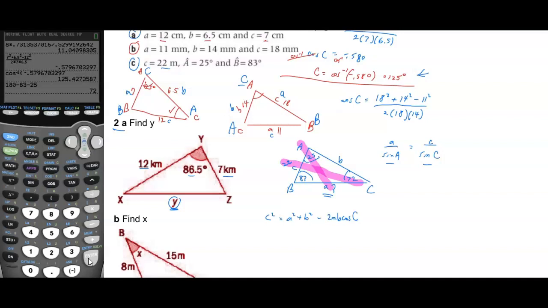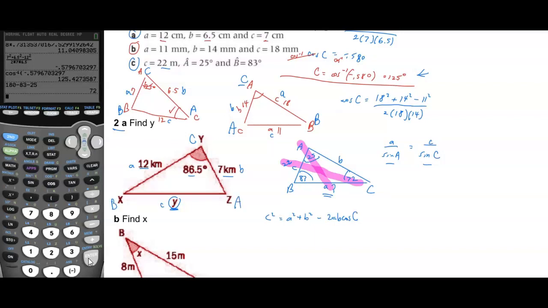And let's label all the sides. So big C is going to be the one angle that we have. This is going to be blue C. And then if this is blue C, then y is going to be little blue c. And then the other two sides are going to be A and B. So that means this would be big A and this would be big B because they're opposite, right?